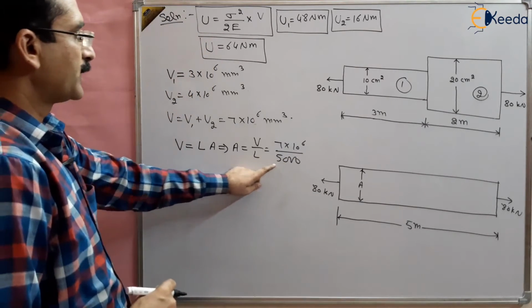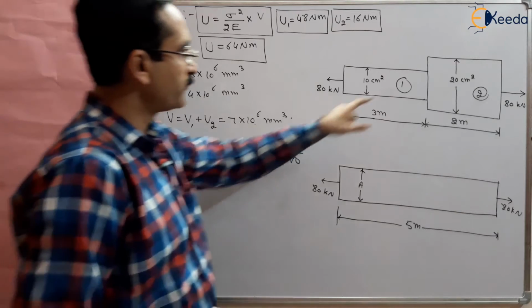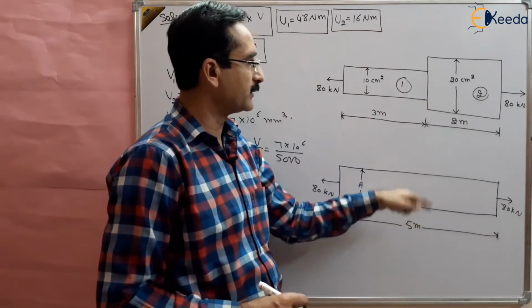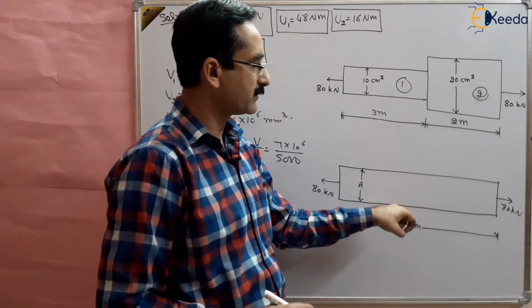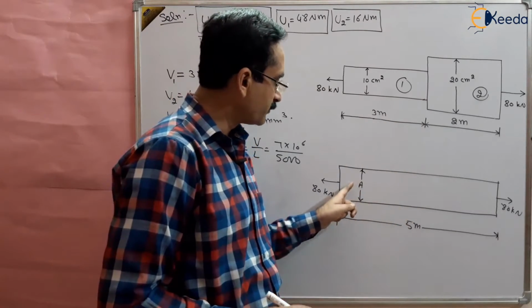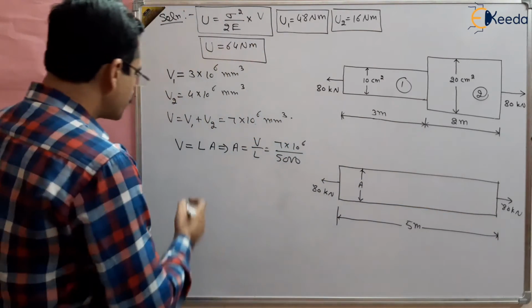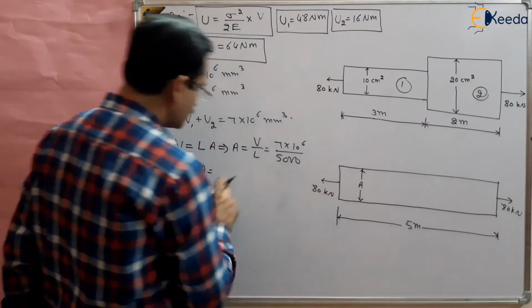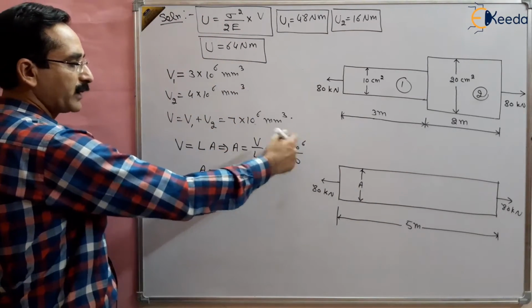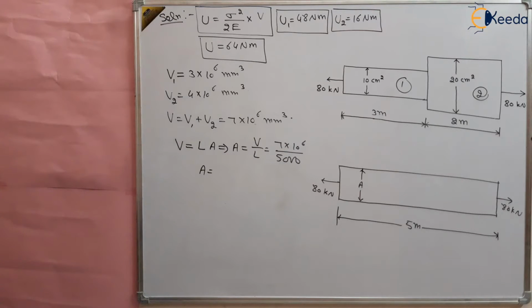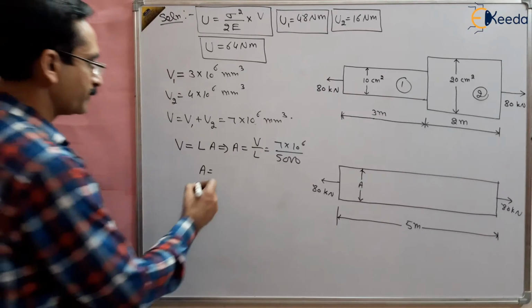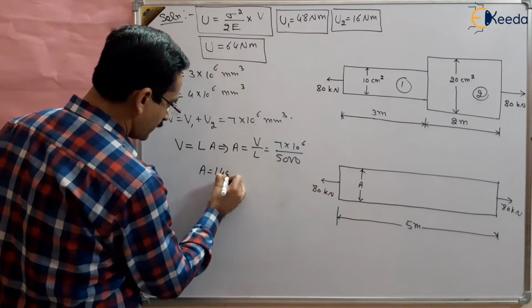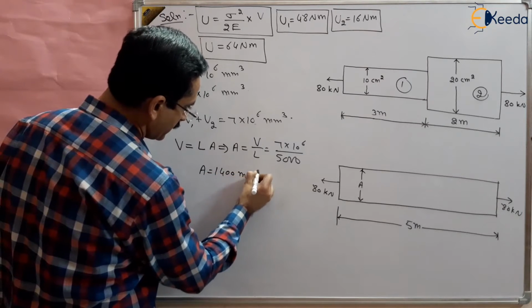So this is the cross-sectional area of the same specimen, of the same material, same volume, load applied and same length, but uniform cross-section area. We can solve it and find out the cross-section area: 1400 millimeter square.